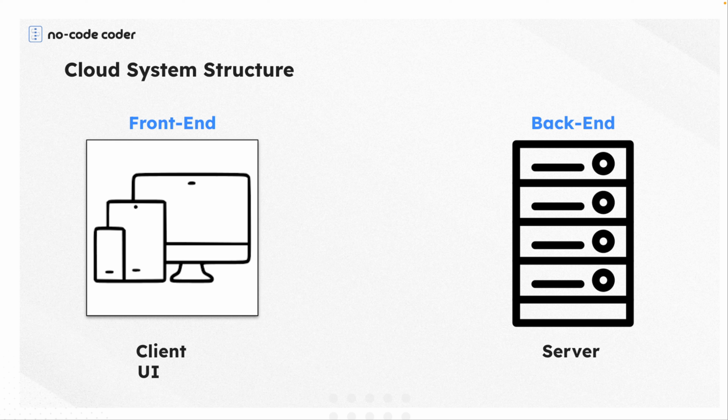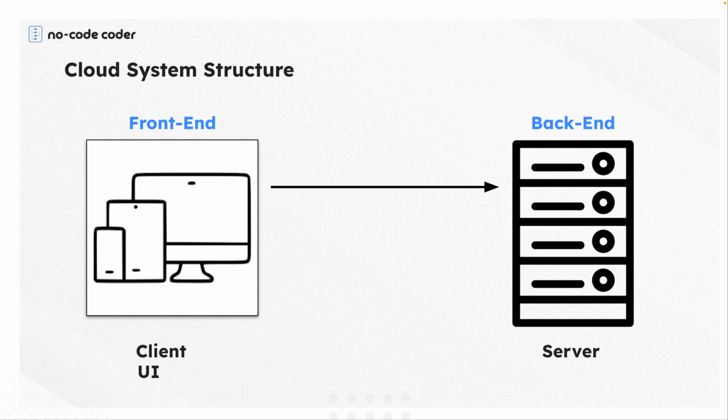So the way that the front end and the back end are connected is when the front end makes a request to the back end. Okay, so the front end or the client could have hundreds, thousands, millions, tens of millions of different devices, different users, all accessing the same back end.